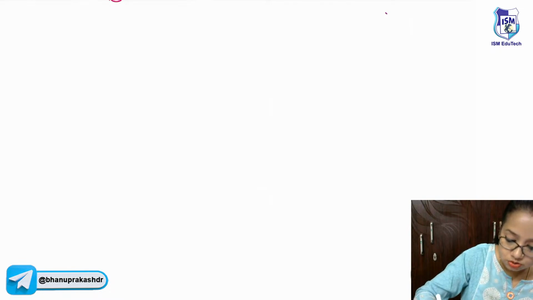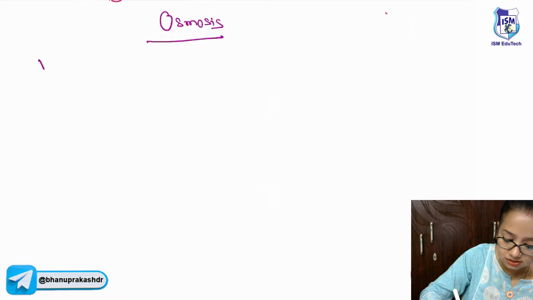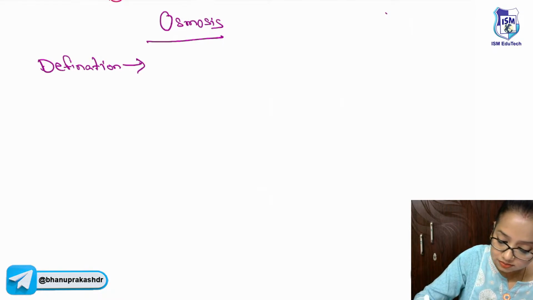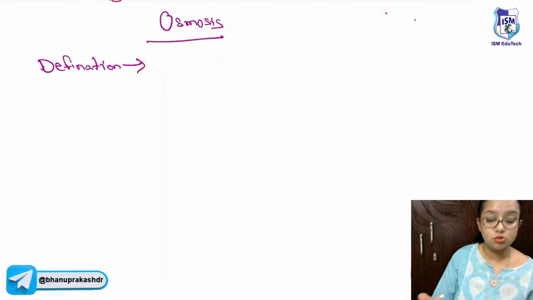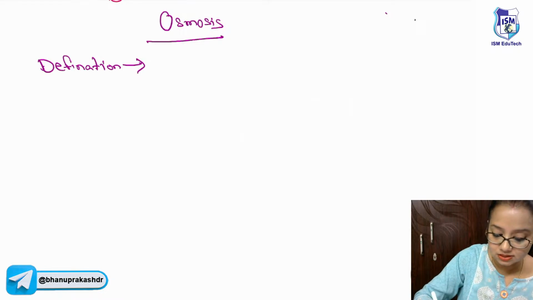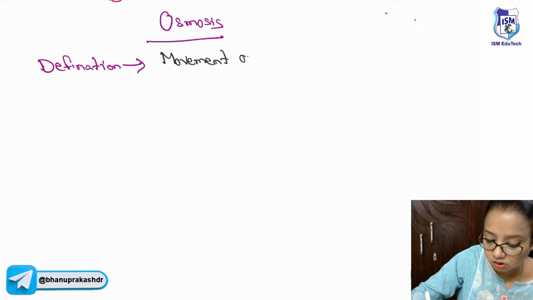Okay, to start with osmosis, we go by the definition. So, what is the definition of osmosis? In a very easy way to remember, it is nothing but the movement of solvent.